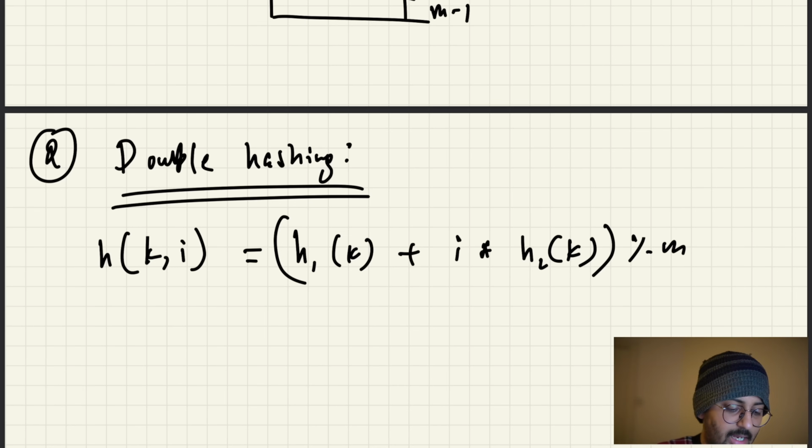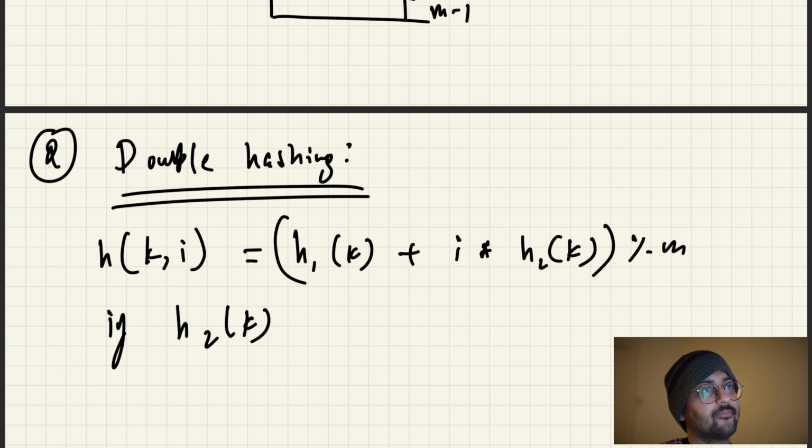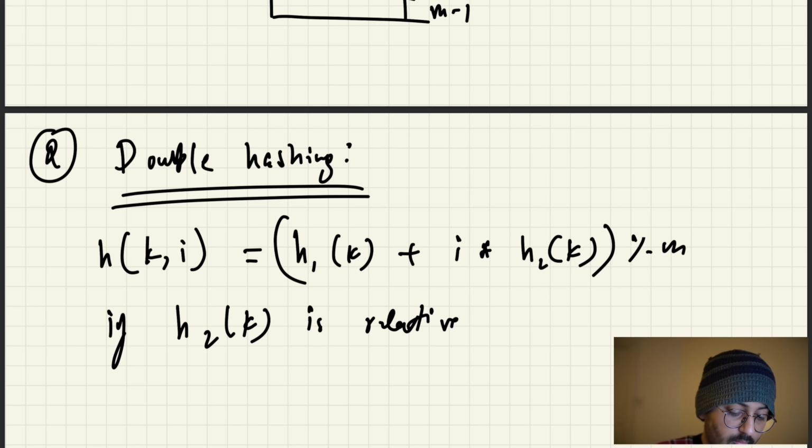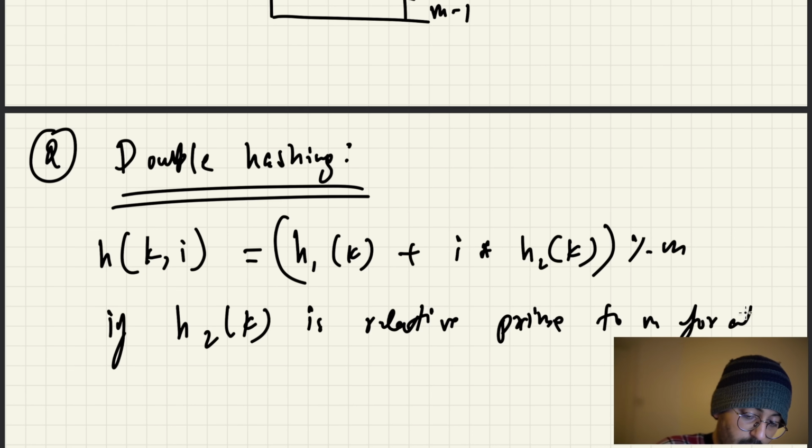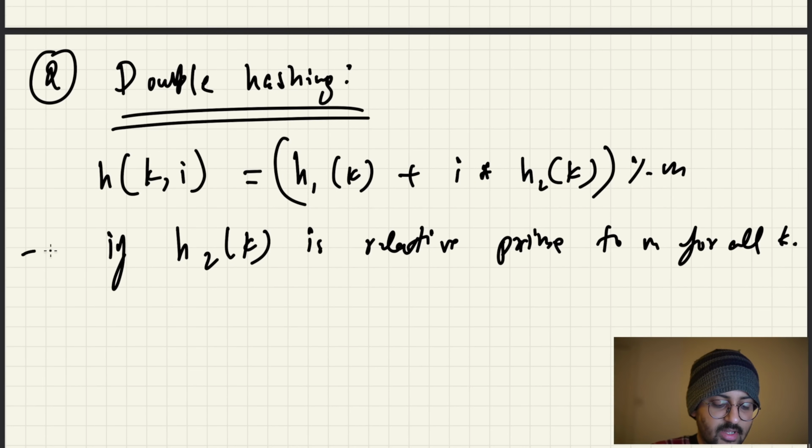Also, this will actually hit all the slots, like in a permutation, if h2 of k is relatively prime to m for all k. See, the thing is, these sorts of things that I'm mentioning are for people who really like maths like me. Interviewers will not ask you this.